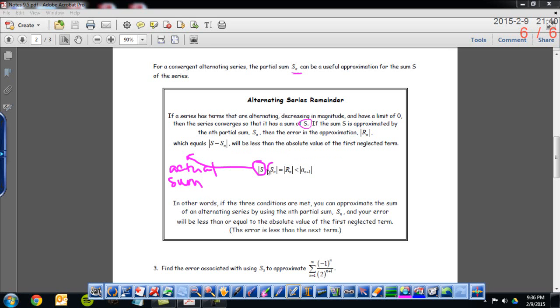Okay, so S sub n is the sum of the first n terms. Okay, R sub n is called the remainder or the error. If you take the actual sum and subtract your approximation using the first n terms, then you get your remainder or your error.